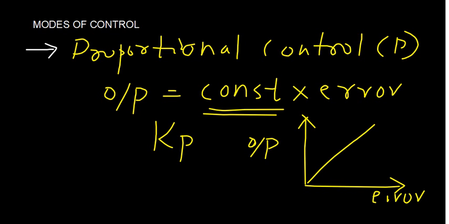But the problem with proportional control is that it basically has the lag, the basic lag in the system, because of the very nature of the system. Therefore the output generally oscillates before it reaches the final stage.